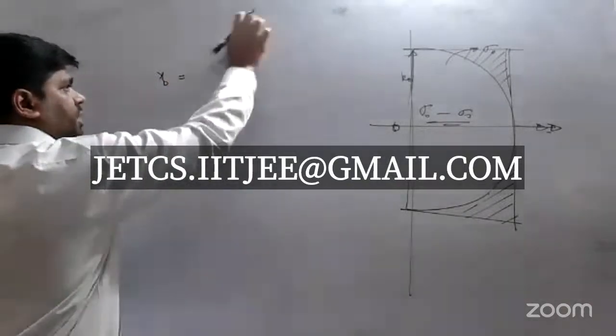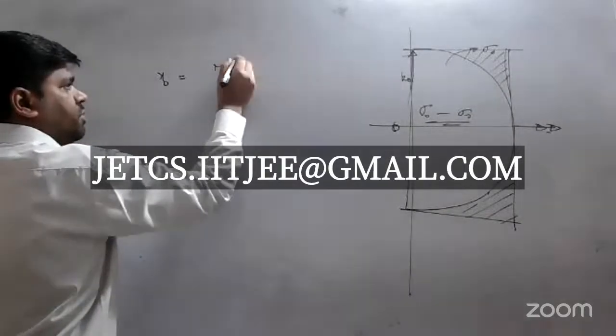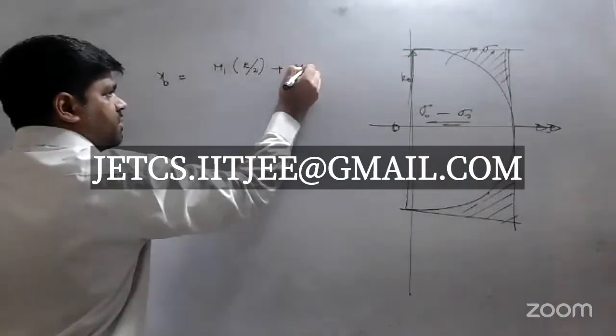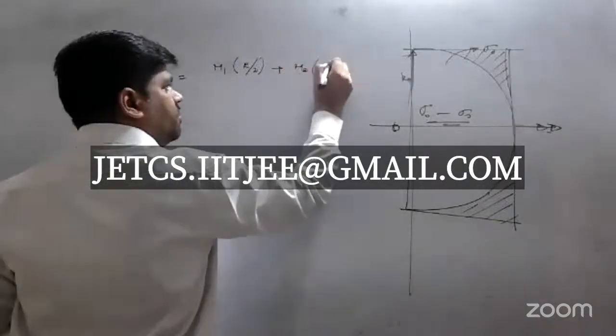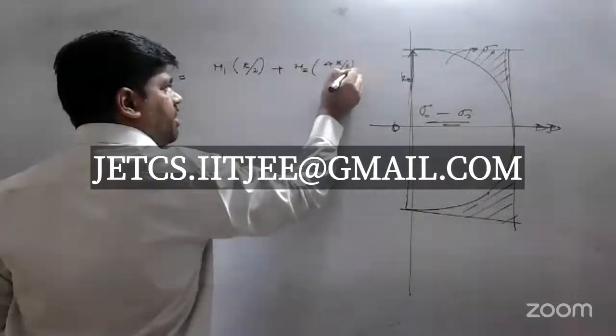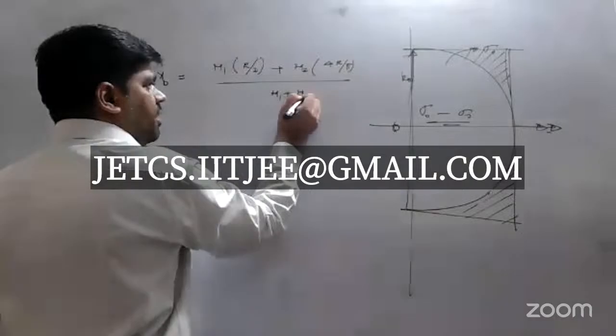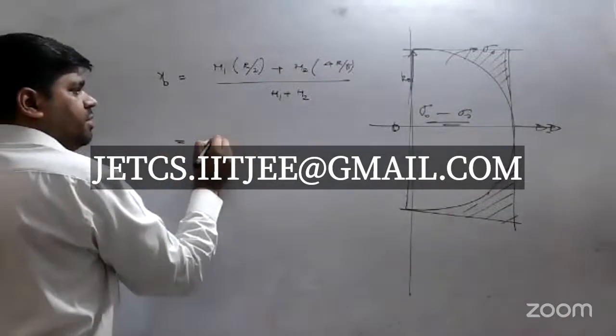m1 into r by 2 plus m2 into 4r by pi, by m1 plus m2. What is m1?